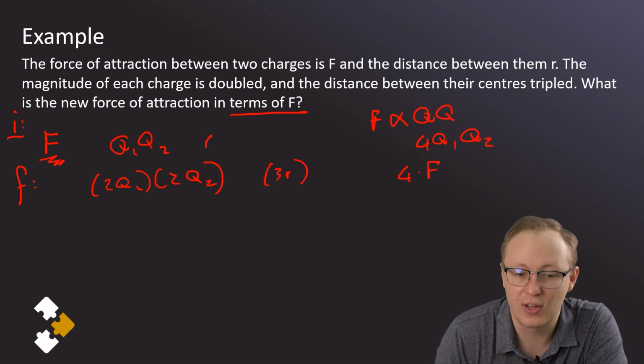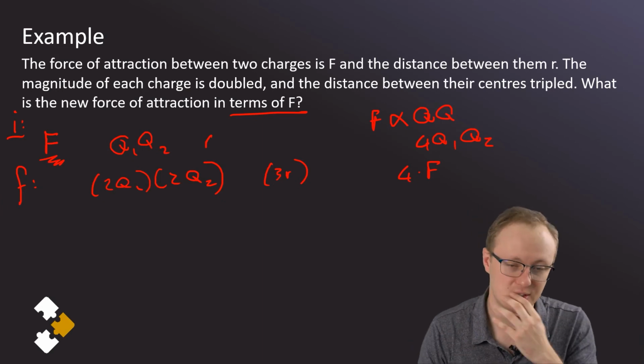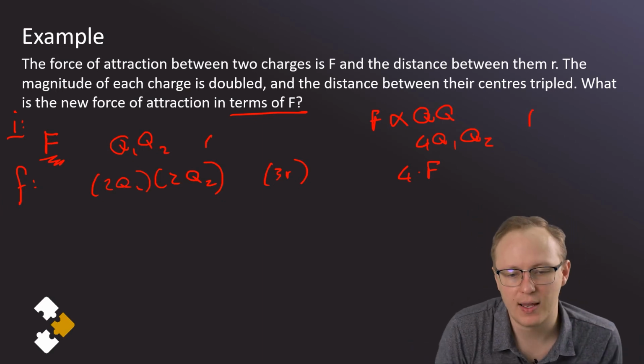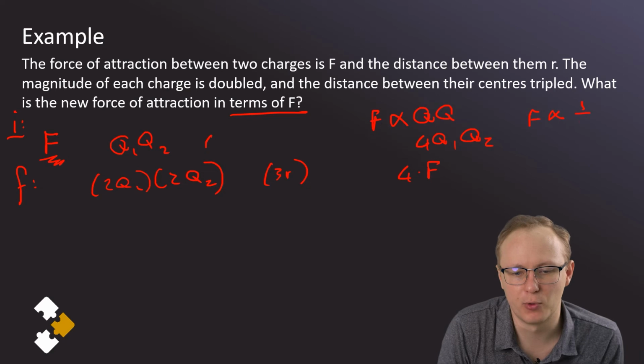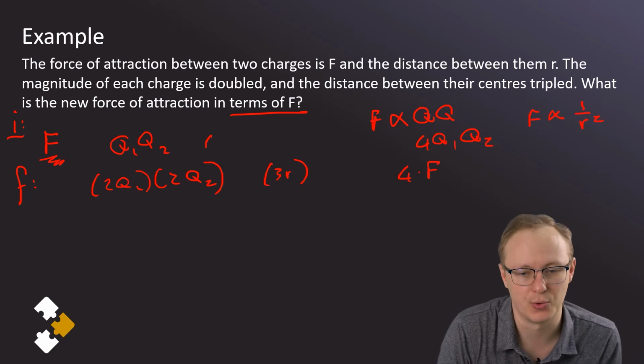But that's not the only thing that happened. We also changed the distance between their centers. Now F is inversely proportional to the square of the distance between the centers.